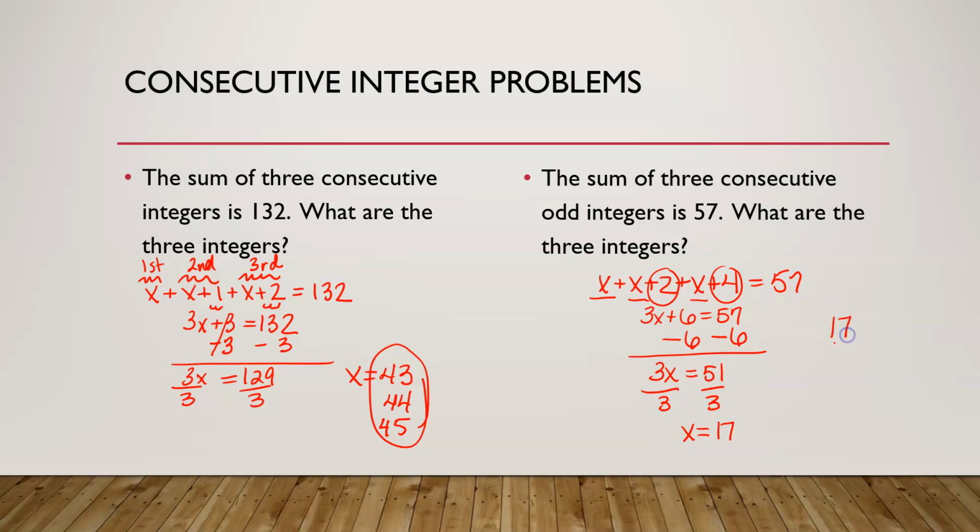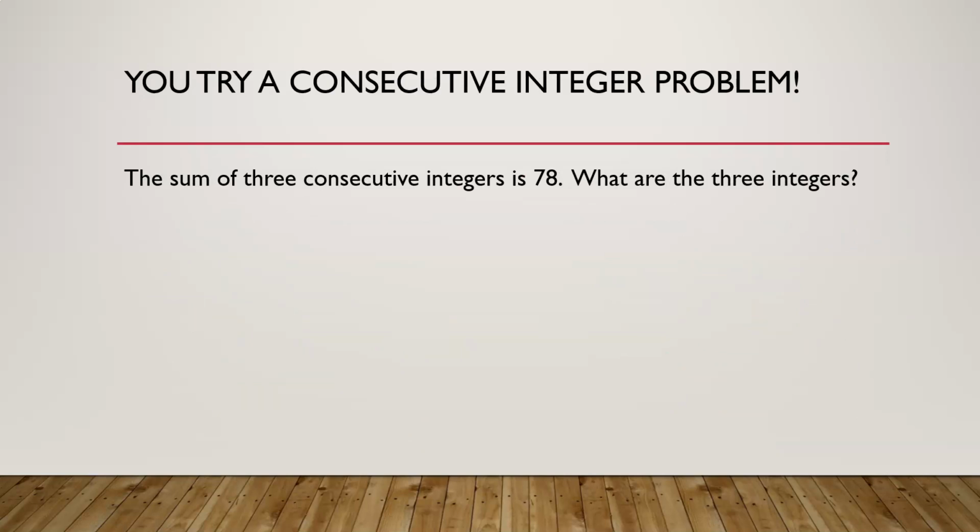So now the odd ones, 17 plus 2 is 19. 19 plus 2 is 21. When you add those up, those are 57. Couple more here. Why don't you try number 5 on your own?